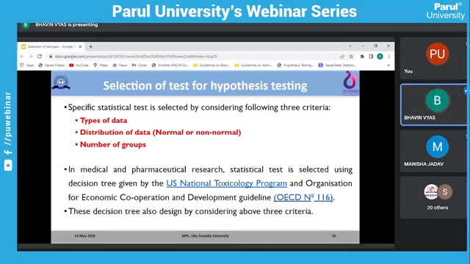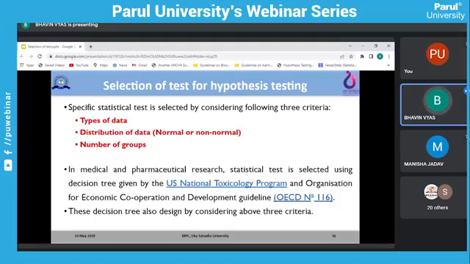Then distribution: you plot a histogram, and from the histogram I will know whether it is normally distributed or not. If it is normally distributed, there are particular statistical tests known as parametric tests that you need to select. If it is not normally distributed, then there is a set of tests known as non-parametric tests that you need to select.